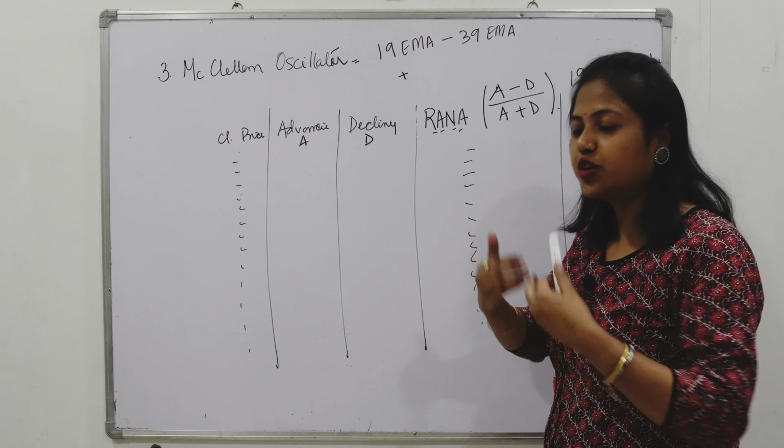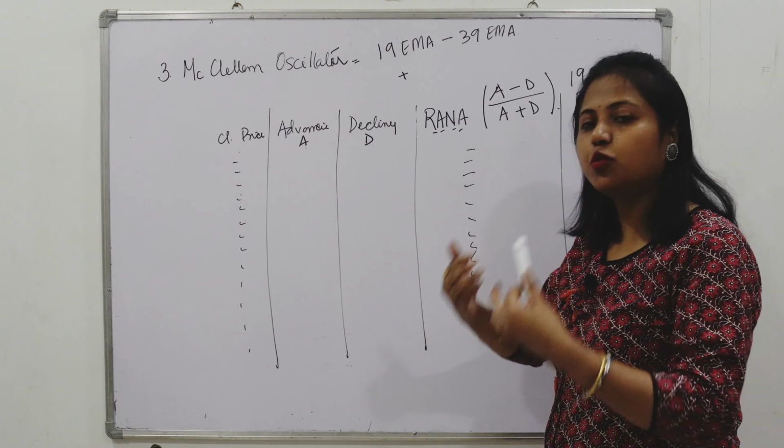Okay, the short run momentum is dominating. That means the advancing stocks are increasing, and therefore there is an upward trend to follow. Whereas if this is negative, it means more of the declining stocks are dominating, and therefore there is the downtrend that is likely to follow. Friends, this is all about the McClellan Oscillator.